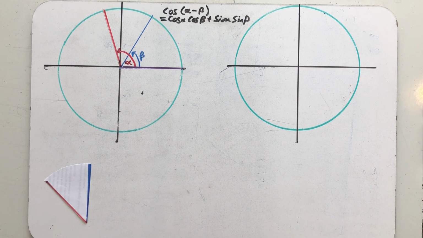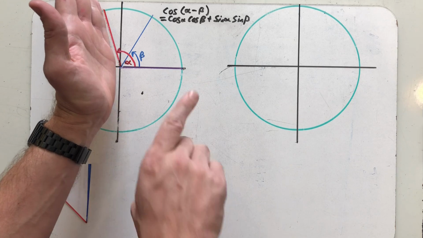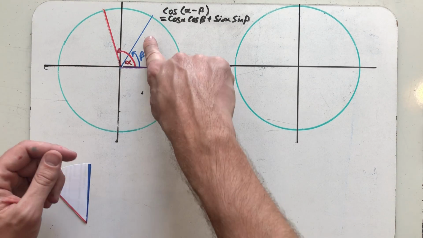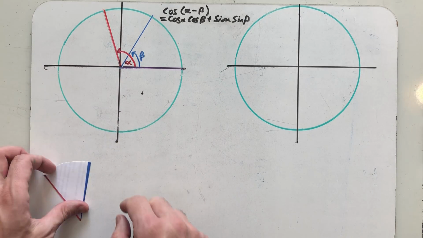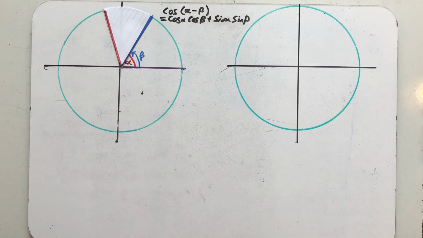To start off, I want to point out that alpha minus beta is actually in this diagram. If I think about rotating alpha, and I take beta away from it, I get this angle between the terminal side of beta and the terminal side of alpha. In fact, I get that angle right there.